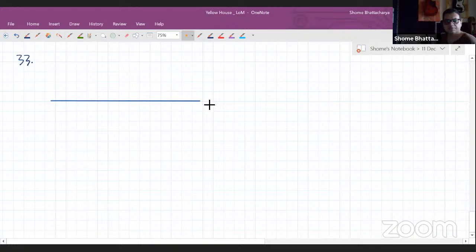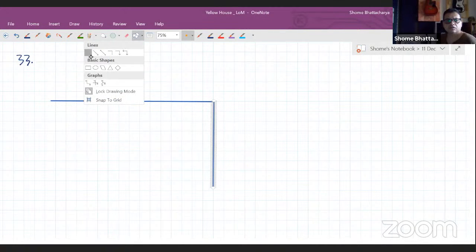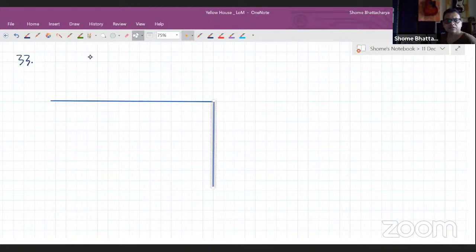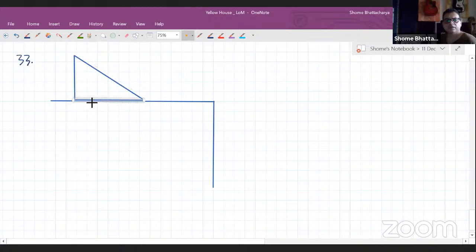So in 33, what is happening is that we have this kind of situation where we have this triangular wedge on this surface, on this smooth surface, and we are pulling it towards the right through the action of the tension in the string.